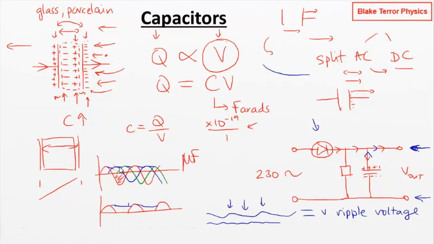We don't get three-phase AC in our home supply, but if you're in something like heavy industry and you want a much better regulated voltage, then you'll have this three-phase supply and you can get something much smoother. But even in home supply, 50 hertz is the frequency of our 230 volt AC supply.